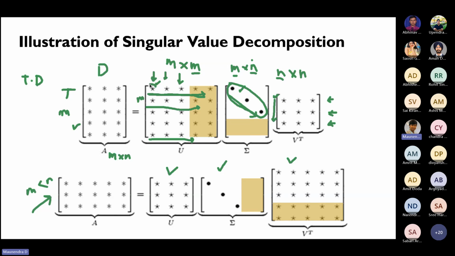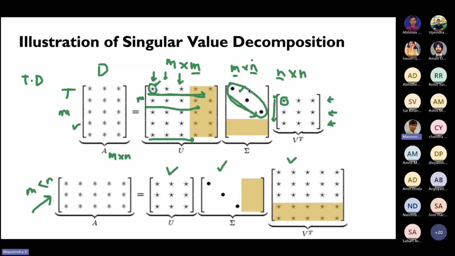And how much is the belongingness of the term in that component, and how much is the belongingness of this term in this component, these things will be multiplied with this. So if it's an important term, and this dimension is important, then this multiplication will have a higher weightage.